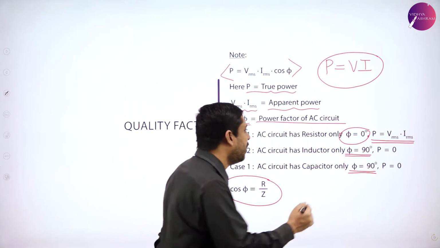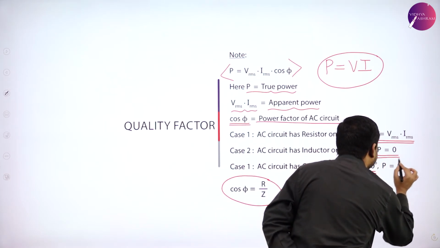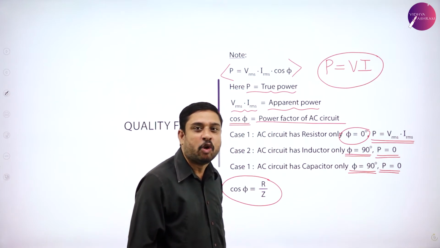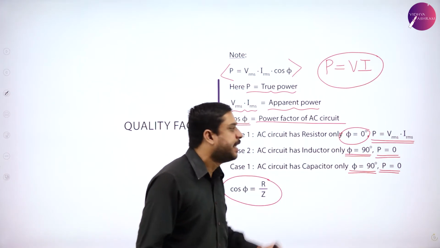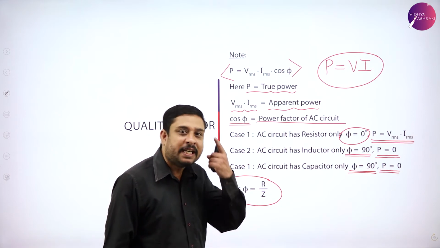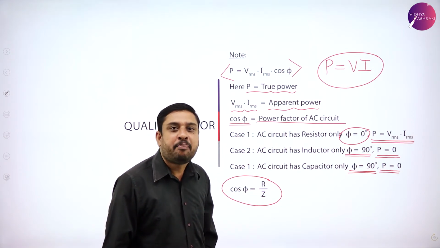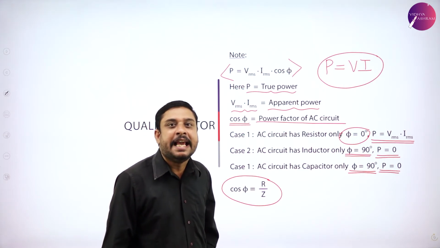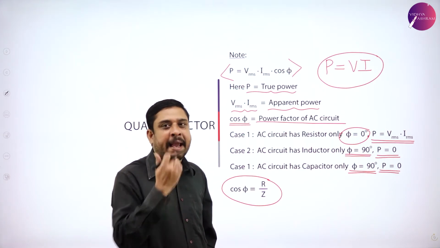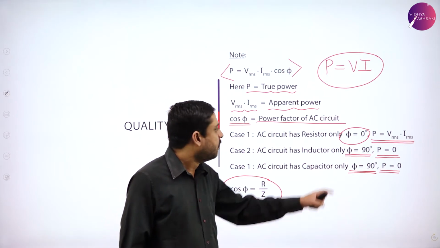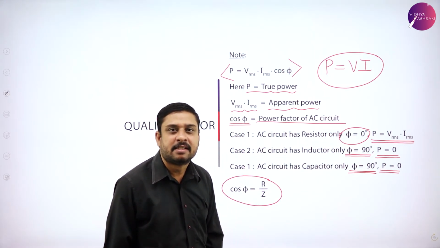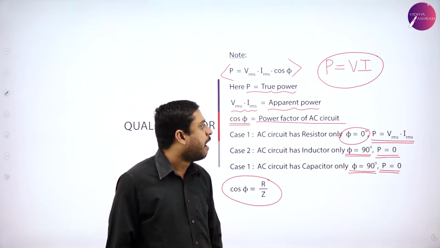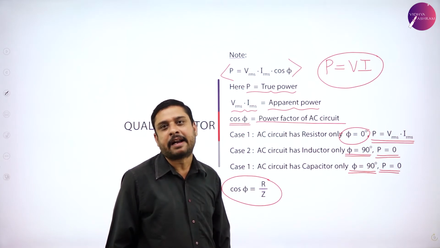Cos 90 is 0. So power dissipated in such circuits is 0. So as you can see here, power dissipation happens only in purely resistive AC circuits where the phase difference is 0. So we have P equals VRMS dot IRMS.